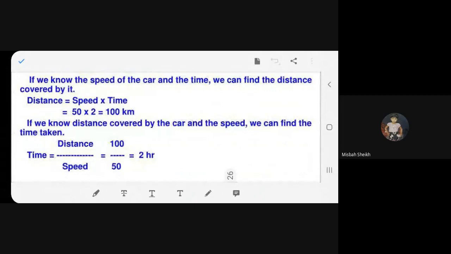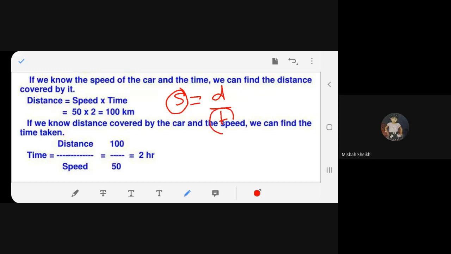If we know the speed of the car and the time, we can find the distance covered by it. For example, we know speed is equal to distance upon time. Now speed is known, time is known, we can find out distance. How? Distance is equal to speed into time.